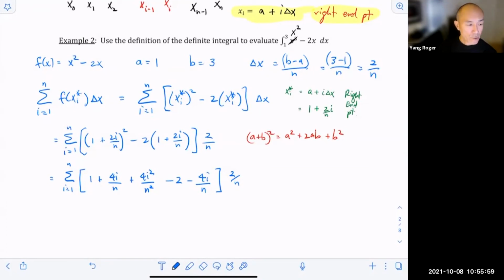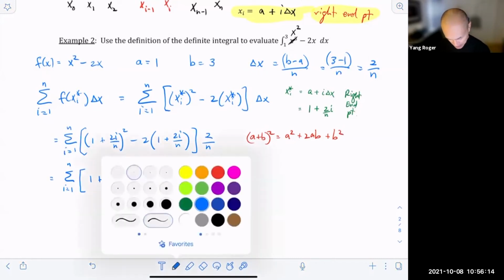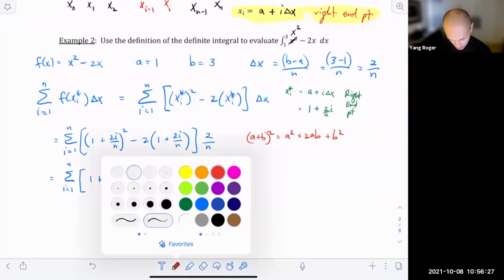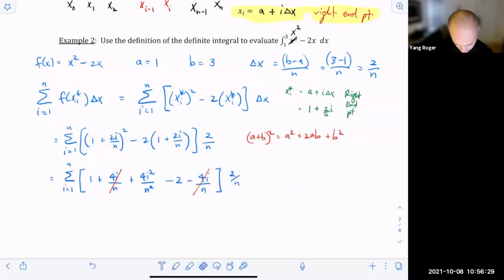Are there any questions about that? All right. So I see something kind of cool happening here. I see that I had this 4i/n and this minus 4i/n. Those guys kind of cancel each other out. So that's really good. And then what I want to do next is distribute this 2/n in.